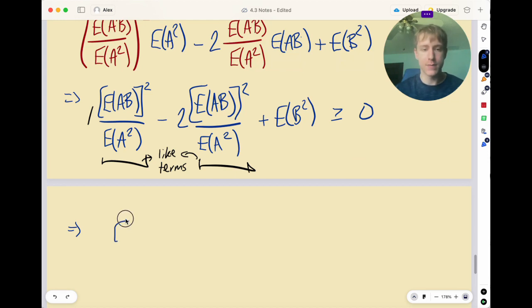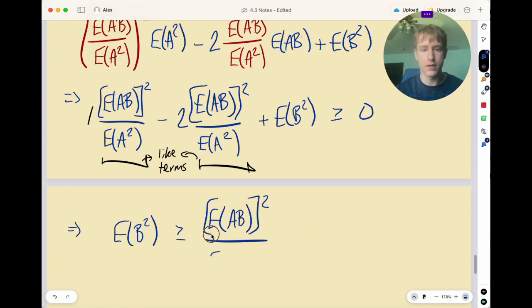So then we get the expected value of B squared is going to be bigger than or equal to one of these terms, divided by the expected value of A squared.